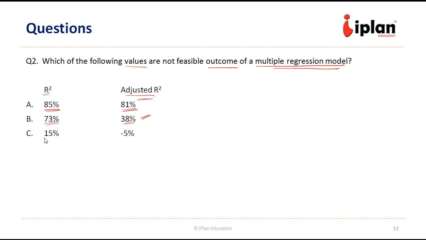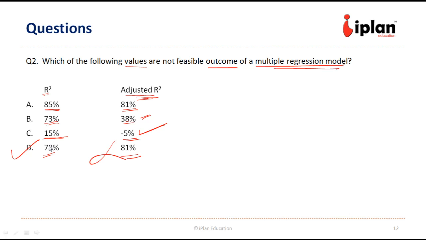Option C says the value of R square is 15% and adjusted R square is minus 5%. We have already seen that adjusted R square can have a negative value, so it is possible. Option D says R square is 78% and adjusted R square is 81%. So this is not possible because adjusted R square should always be less than or equal to R square. So D is the appropriate answer.